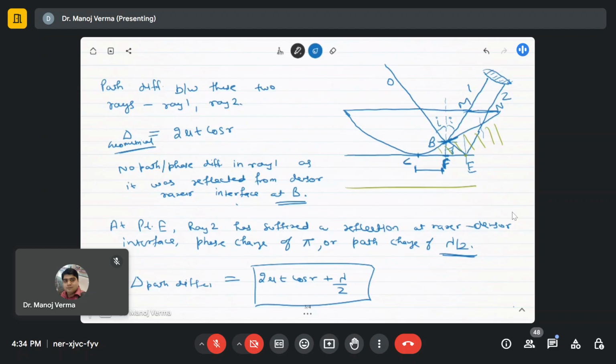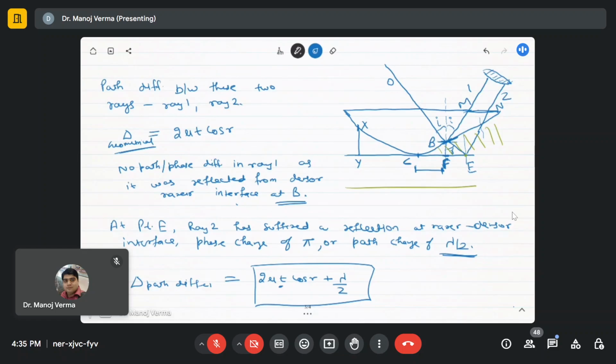If I consider the interference at point X, then the value of T will be the height of the air column just below point X. So the XY distance will be the thickness of the air column because of which interference is happening.